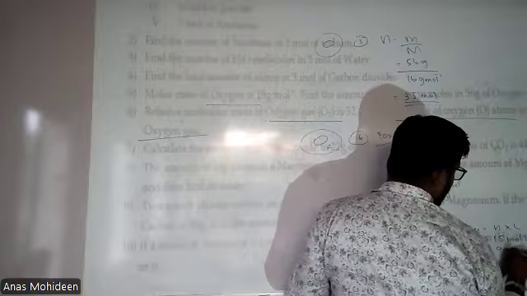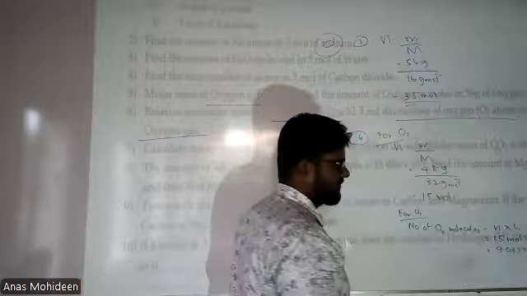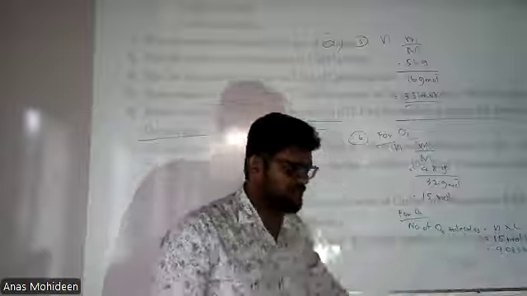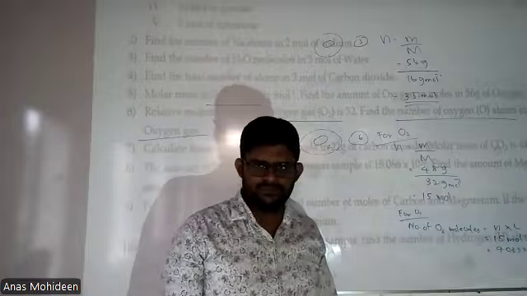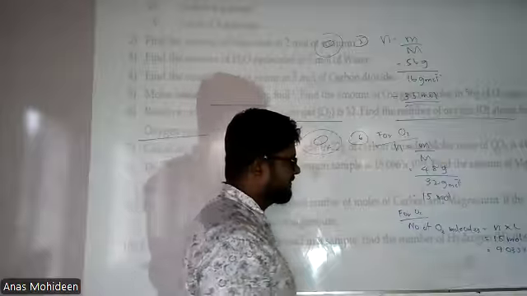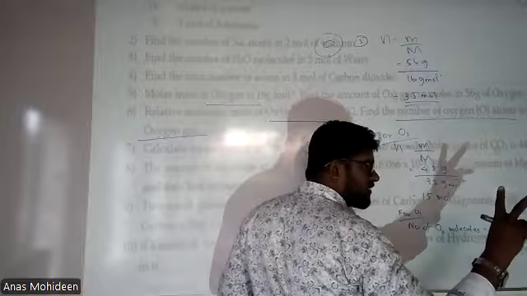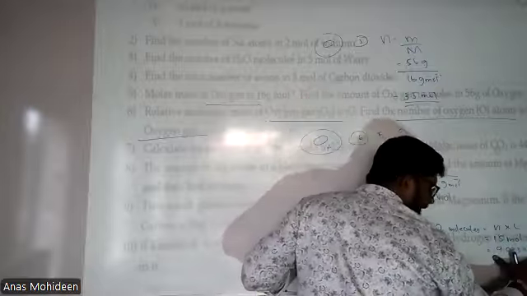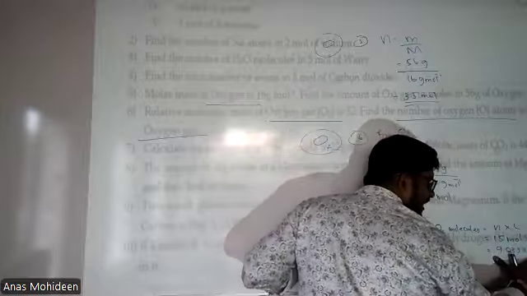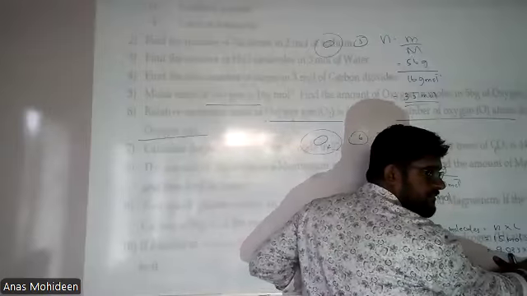You multiply and you get 9.033 times 10 to the power 23. These are O2 molecules. The question asks how many O atoms there are. In one O2, how many oxygen atoms are there? 2. So we have to multiply by 2. Is that clear?